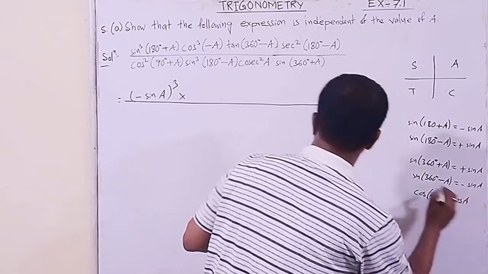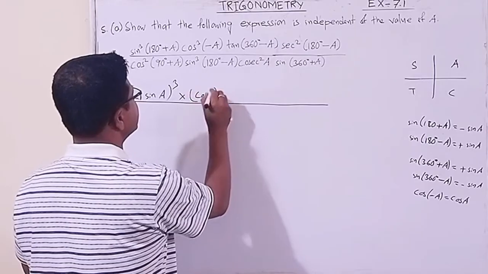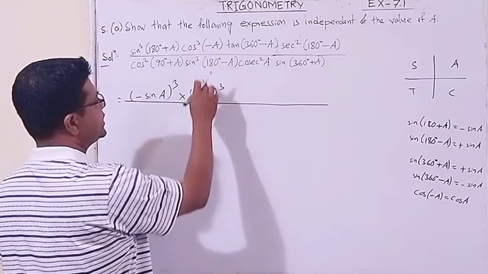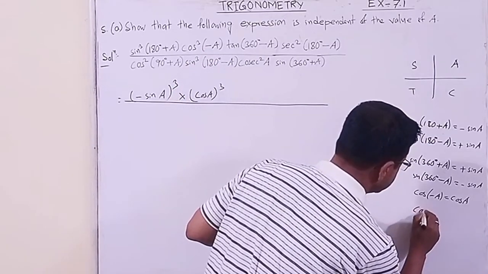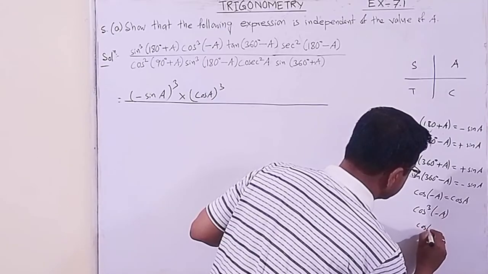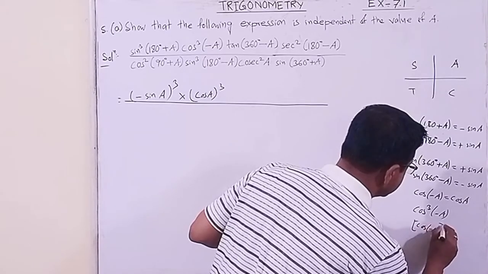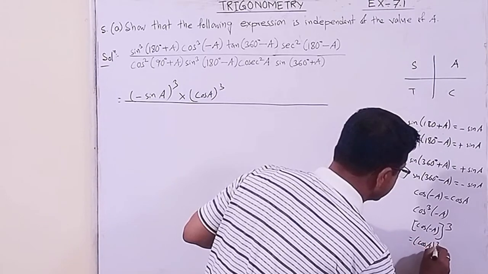Cos of a, its cube. Now some of you may have a doubt, what is the meaning of cos cube of minus a? It means cos of minus a, its cube. Then it is cos cube a.